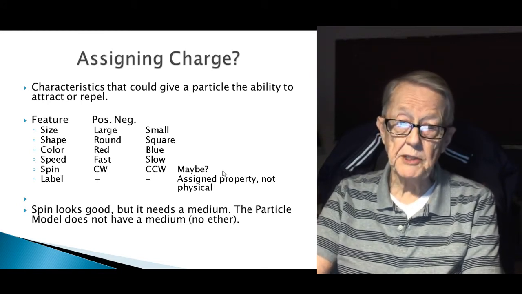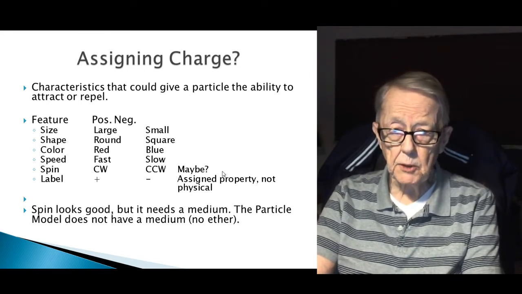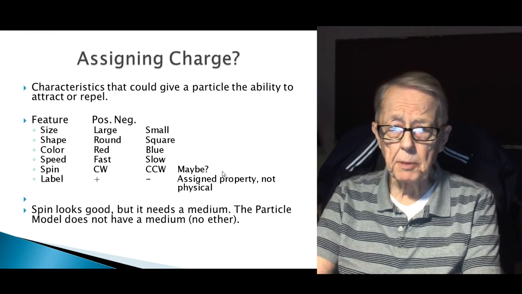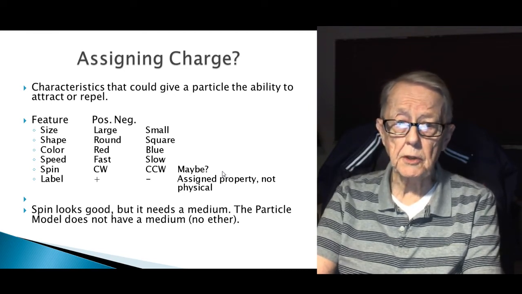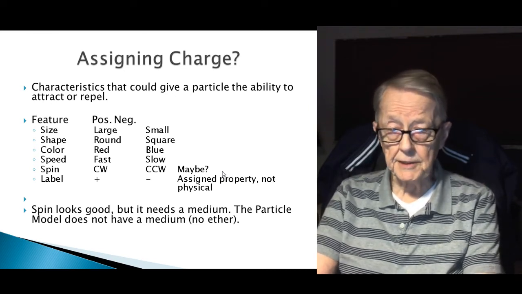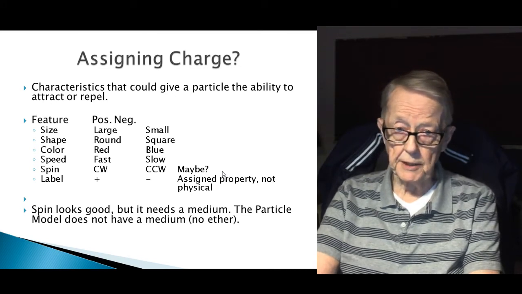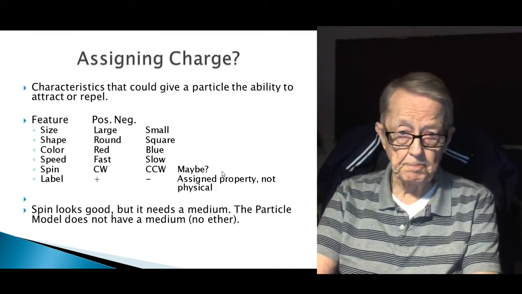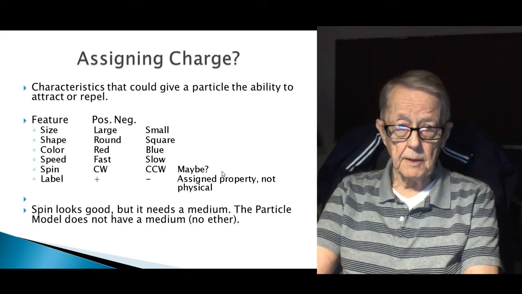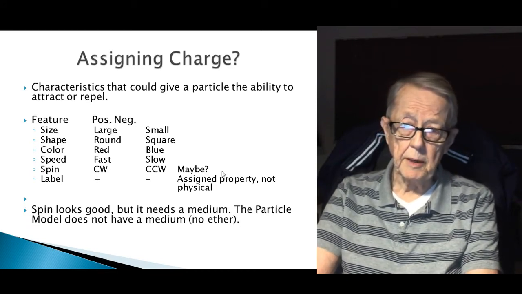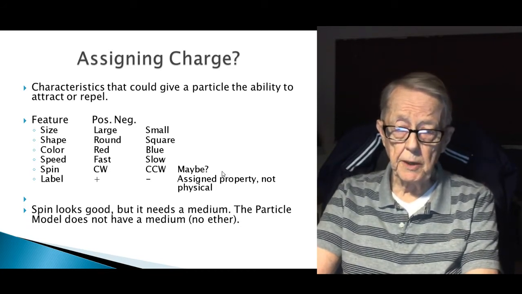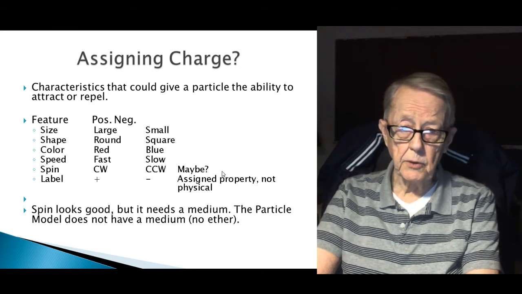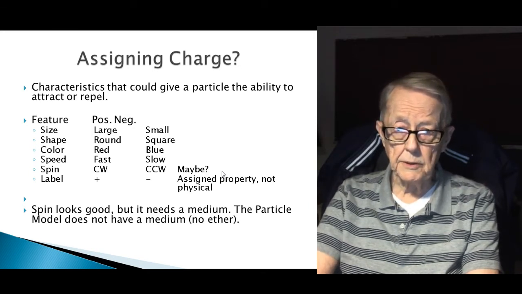Maybe size could be used, a large particle and a small particle. Surely there are different sizes, and somehow these things attract and repel. Or shape. Maybe round shapes attract squares, and two rounds repel and two squares repel.